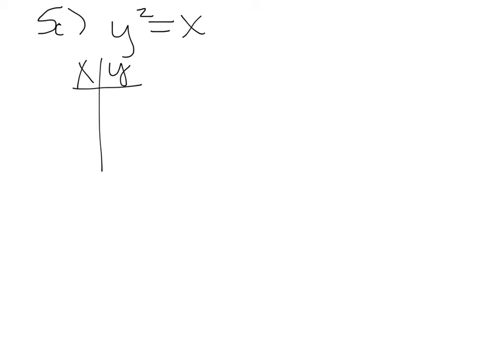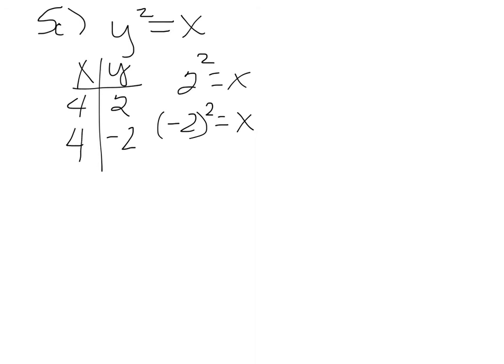So give me a value for y. How about 2? Okay, so if I plug that in, what is 2 squared? 4. Awesome. Okay, now what if I say y is negative 2? So I have a negative 2 squared. What's a negative 2 squared?